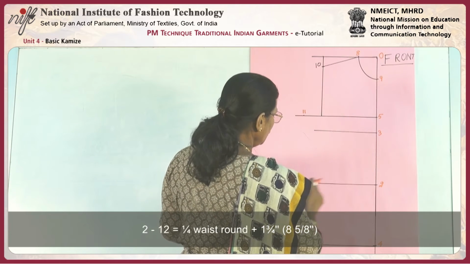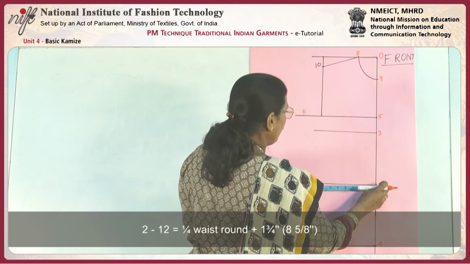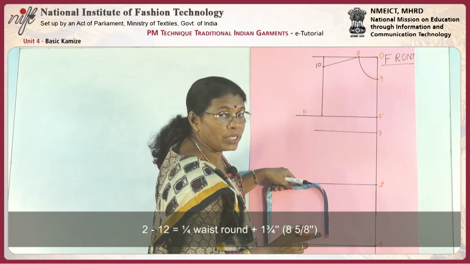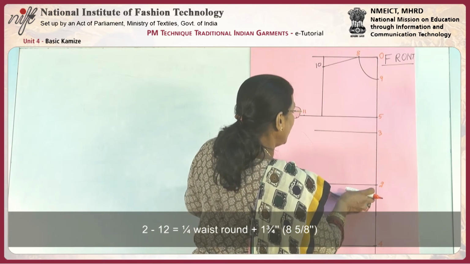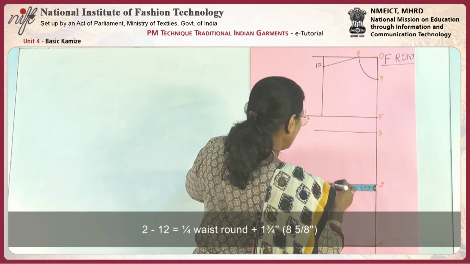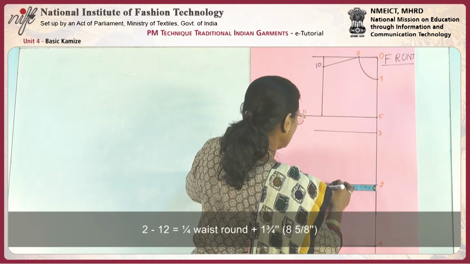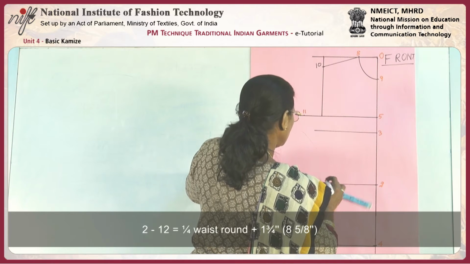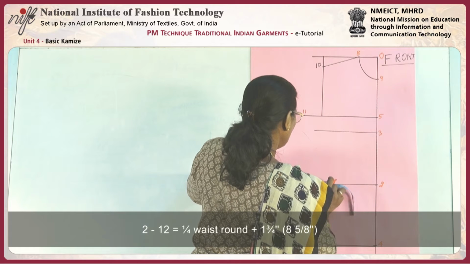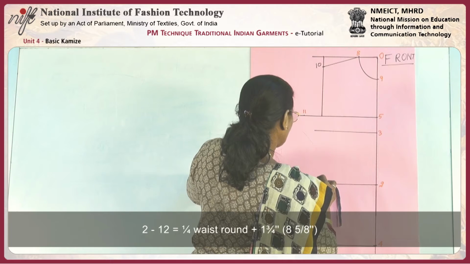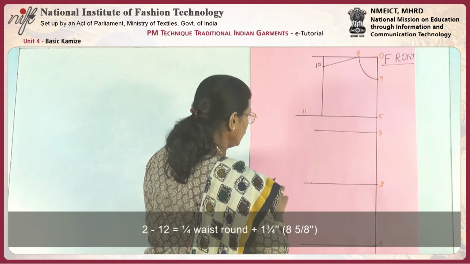And 2 to 12 is 1/4 of the waist plus 1 3/4 inches. Waist is 27.5, so 27.5 by 4 plus 1 3/4. Mark 12.